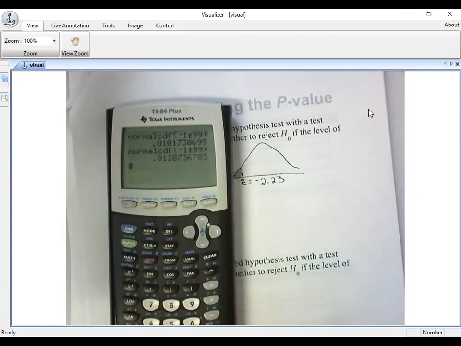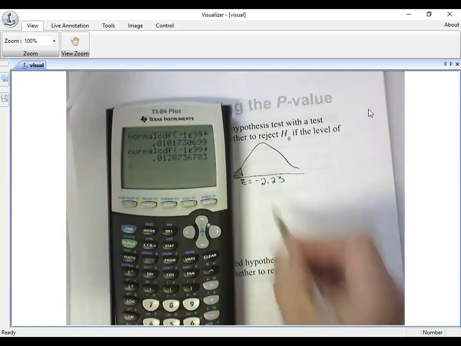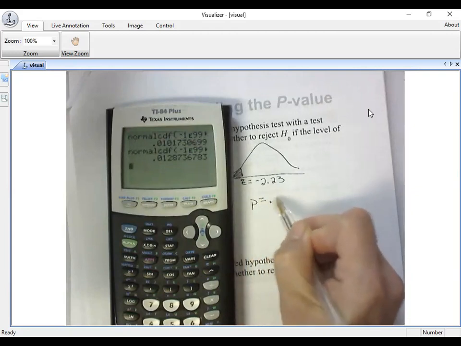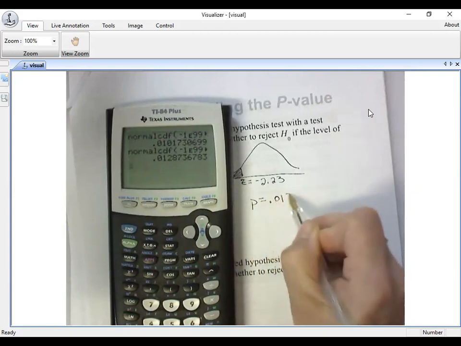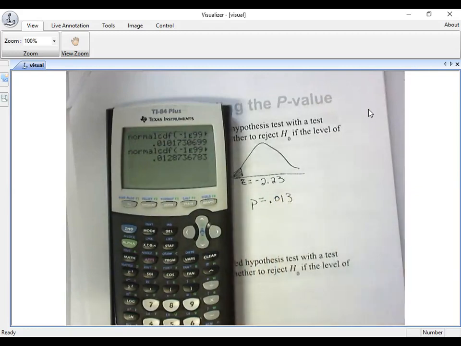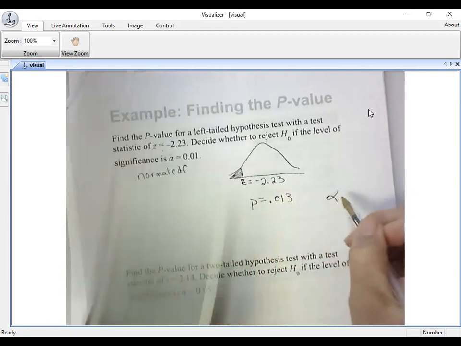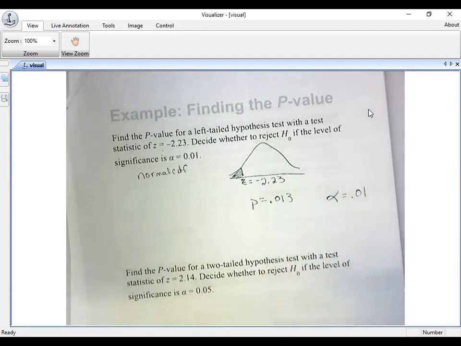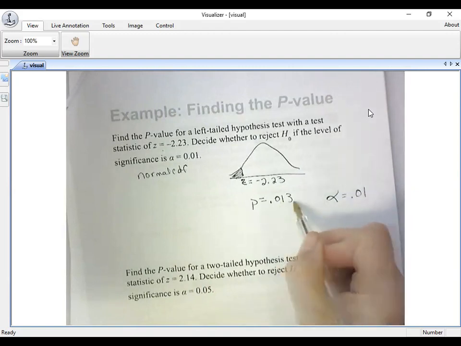What is my p-value? 0.013 if I go 3 places. My alpha is 0.01. Now, if I'm doing a comparison, which one of these is larger? P. 0.013 is bigger than 0.010, right?